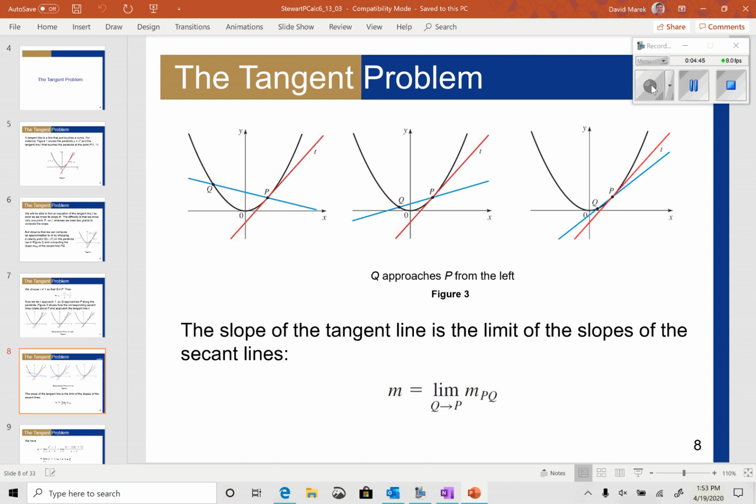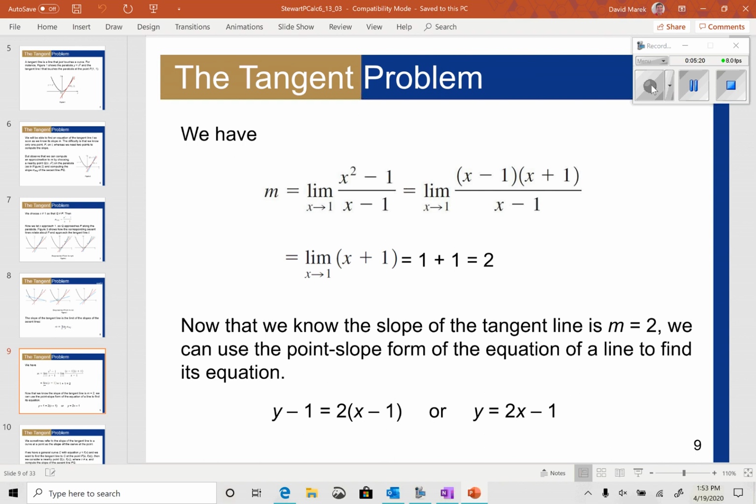As we put point Q closer and closer to point P, the slope of the blue secant line gets closer and closer to the slope of the red tangent line. So we could say the slope of the tangent line is the limit of the slopes of those secant lines as Q approaches P. It doesn't matter if we come from the right or the left, it should be consistent. The limit should exist.